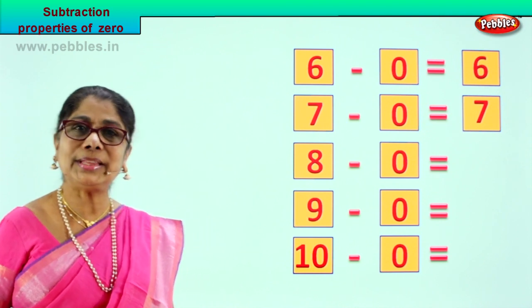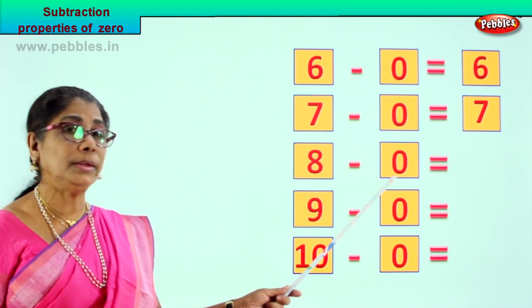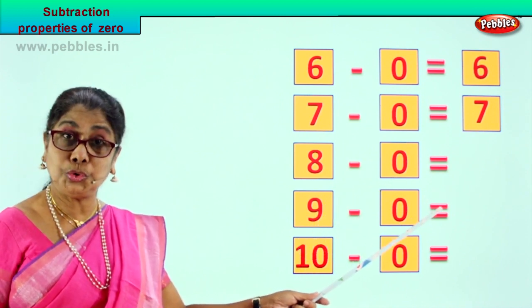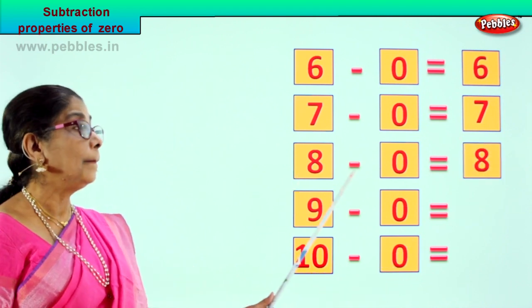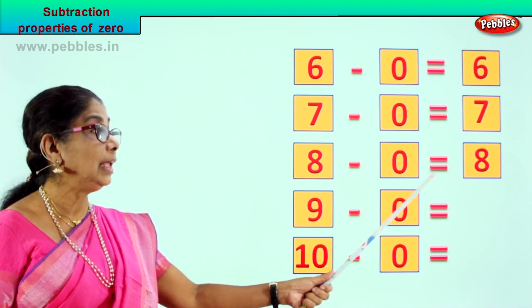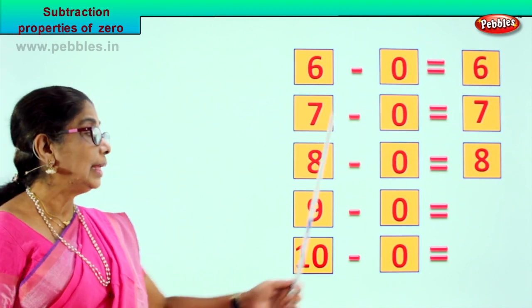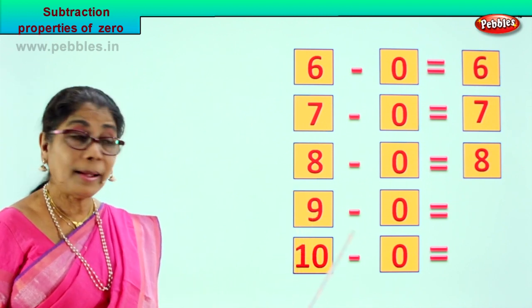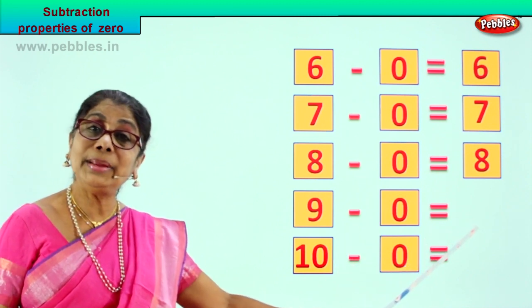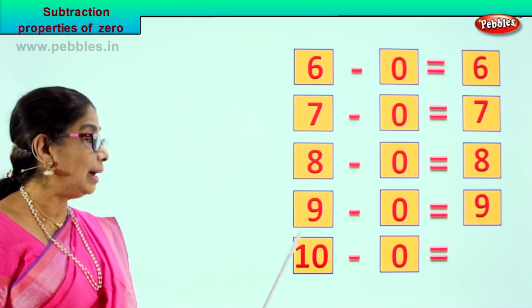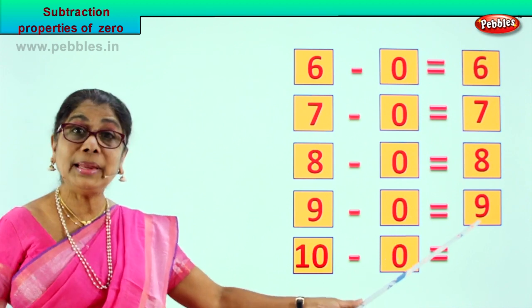Okay? Go to the next one. Number 8 minus 0 is equal to the number itself, the number 8. Number 9 minus 0 is equal to the number 9 itself.